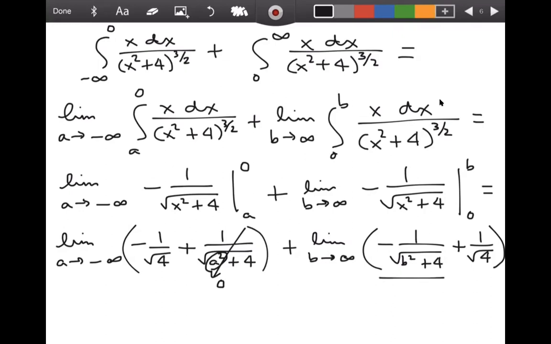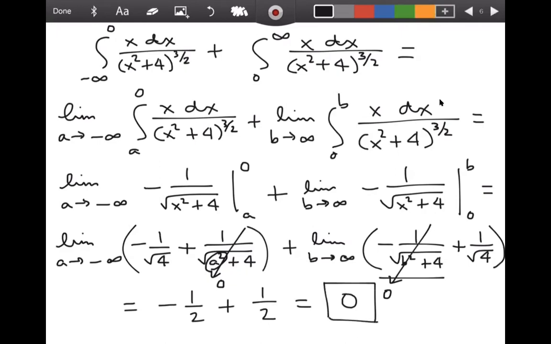As b approaches infinity, b squared is also approaching infinity. It's taking the whole denominator off to infinity. It's taking this term to 0. So all you're left with is negative 1/2 plus 1/2. And the value of this improper integral is actually 0.